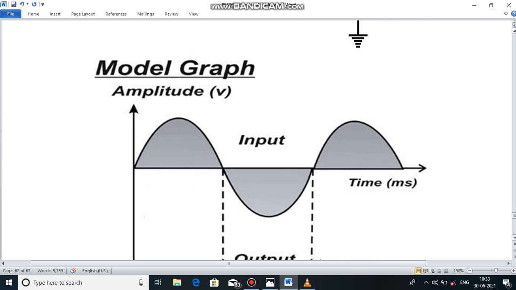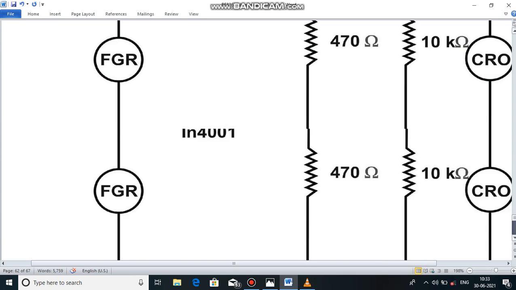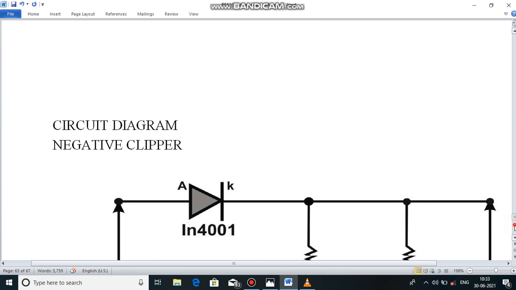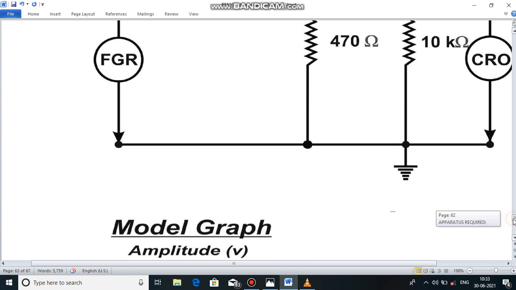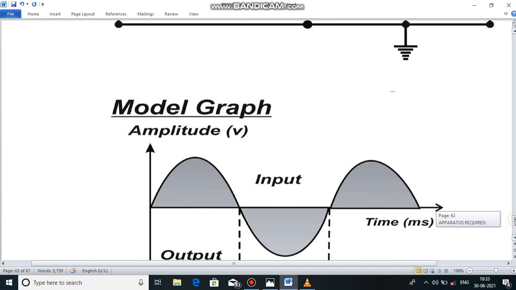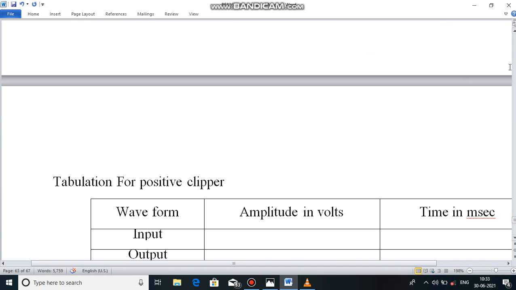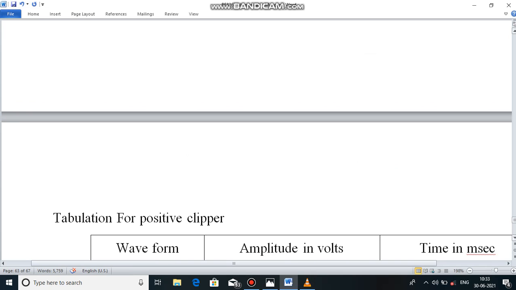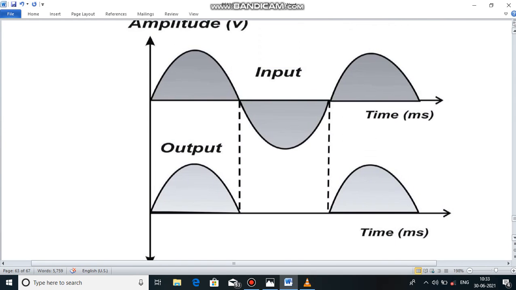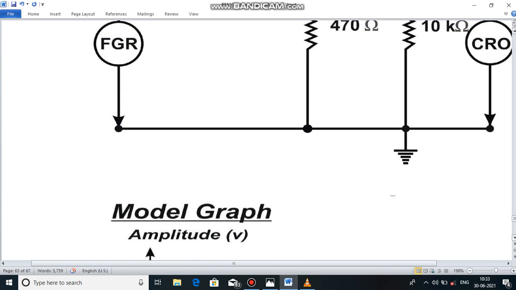The same procedure applies for the negative clipper circuit also, but in this circuit you can observe a small change. The diode is placed in a different direction. Previously the diode was placed in the reverse direction.